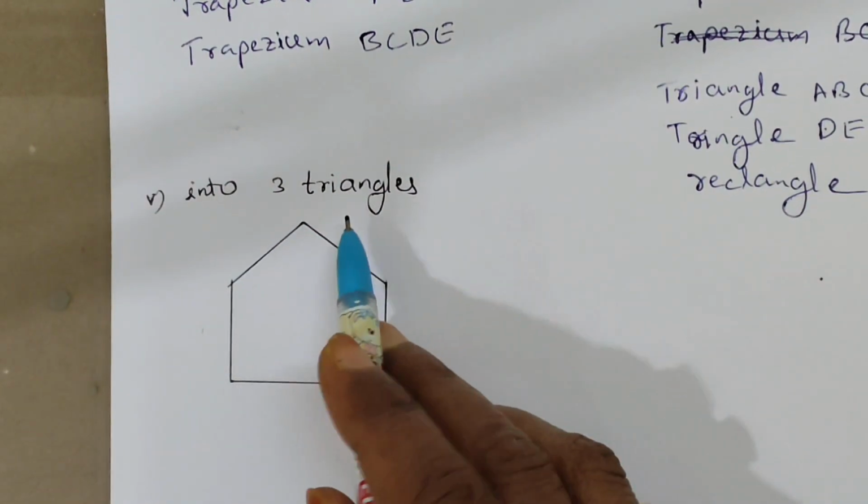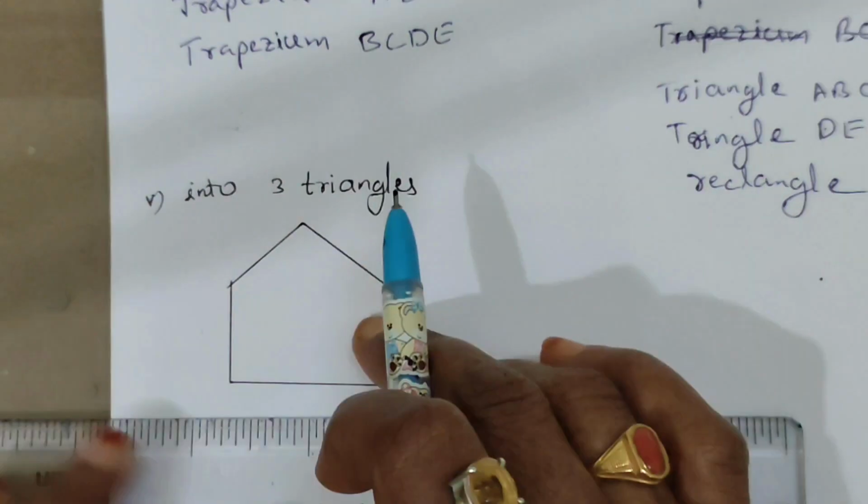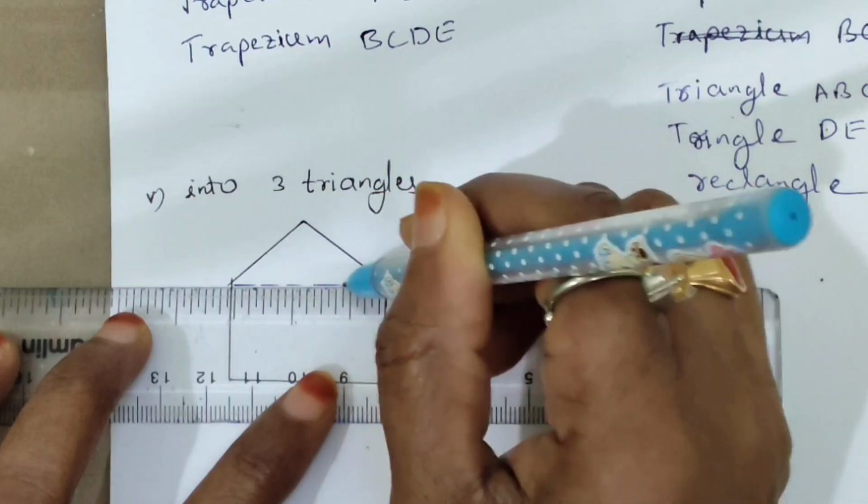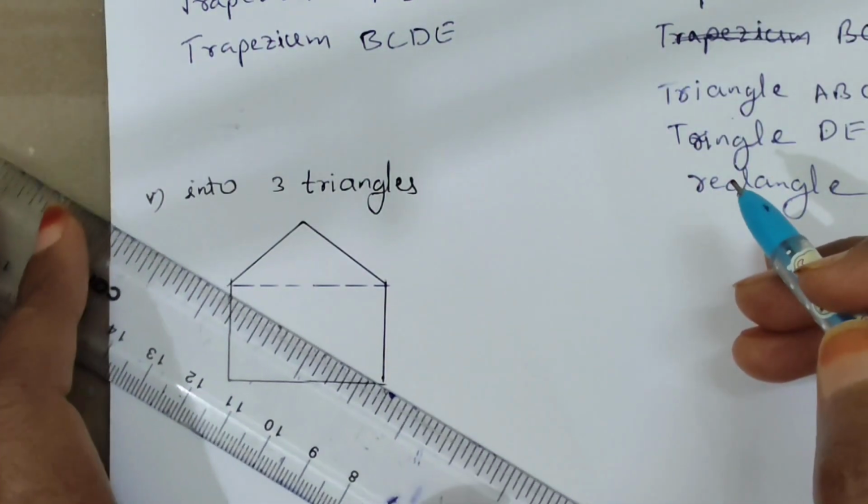Here we divide into 3 triangles. It is asking for 3 triangles, so we draw the lines here: from here to here, next from here to here.